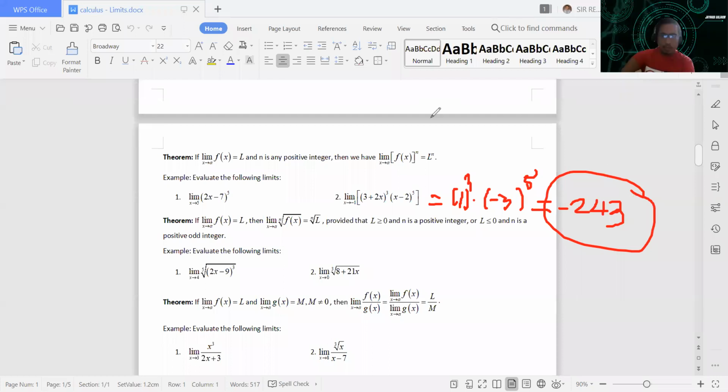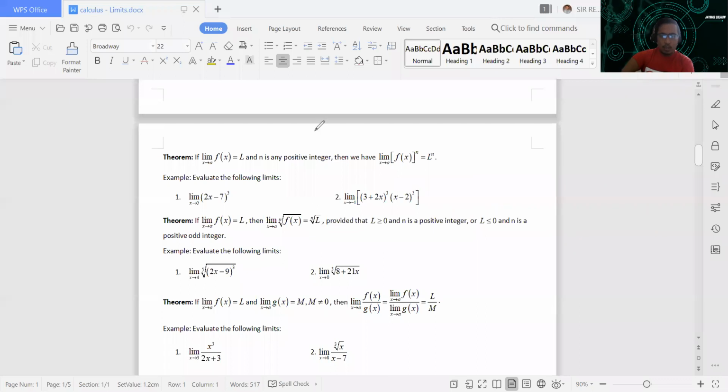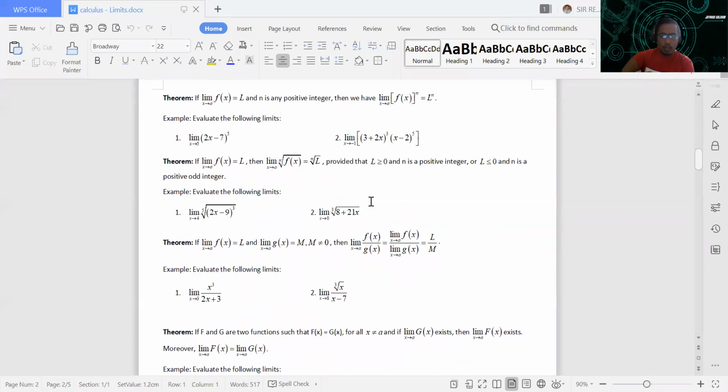So that's it for that portion. Let us proceed to the next one here. If we have the limit of f of x as x approaches a is equal to L, then this time it is taking the square root. There are conditions to be considered. You just get the square root of that answer provided that this L is greater than or equal to 0.